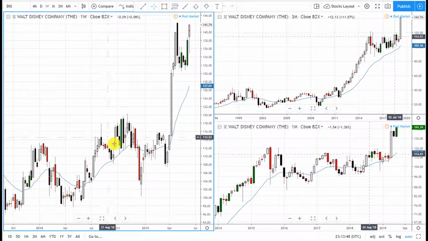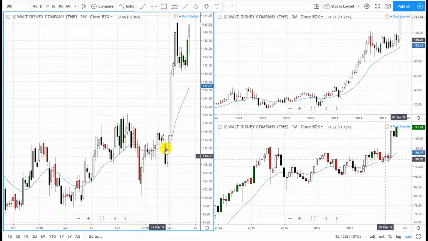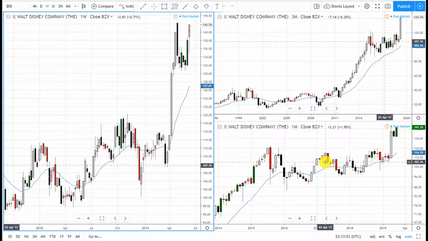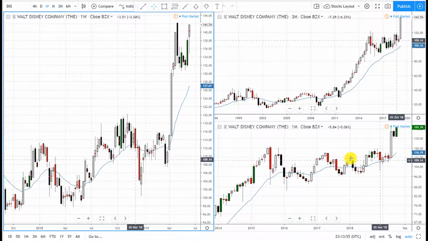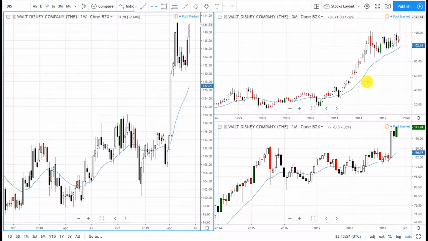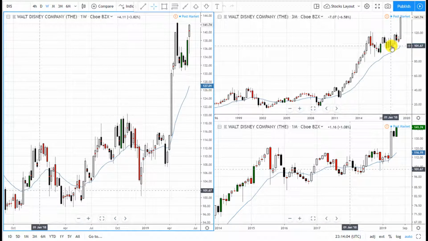Okay, on the left hand chart here, every candle is 1 week. On the bottom right corner here, every candle is 1 month. And on the upper right corner here, every candle is 3 months. So it's a very long-term chart that I look at.